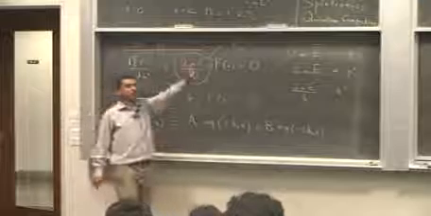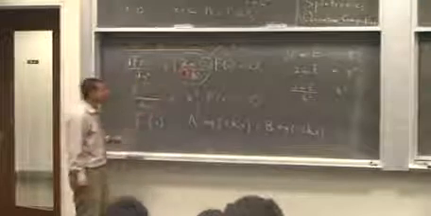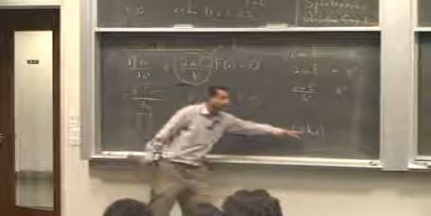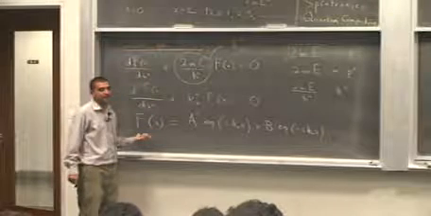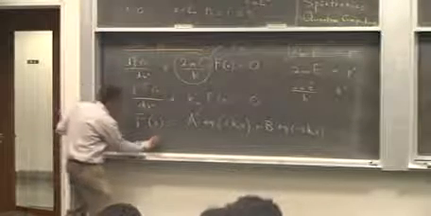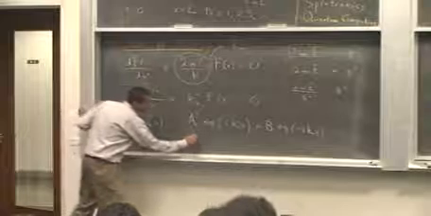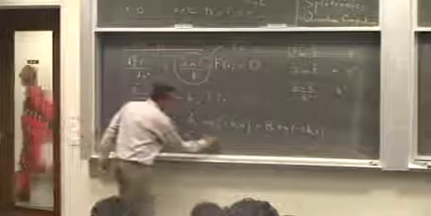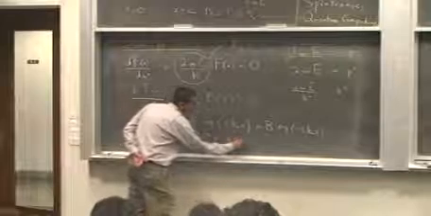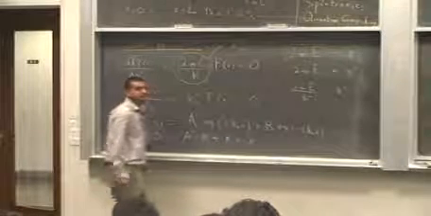Now we impose the boundary conditions. The first boundary condition is that at x equals 0, this function has to be equal to 0, which means that 0 equals a dash plus b dash, which means that b dash has to be equal to minus a dash.